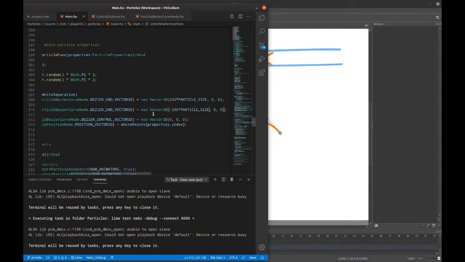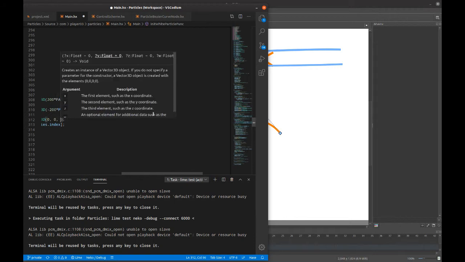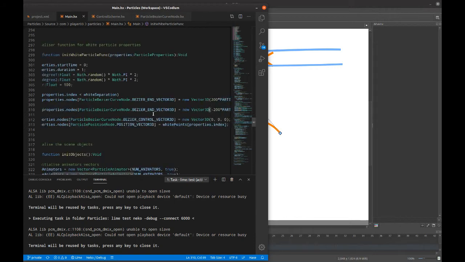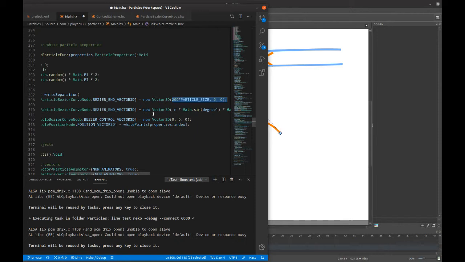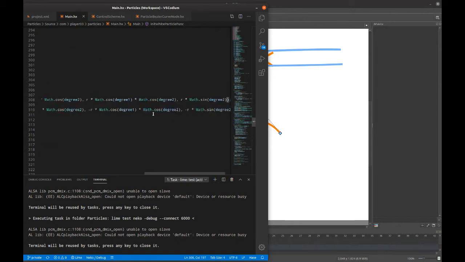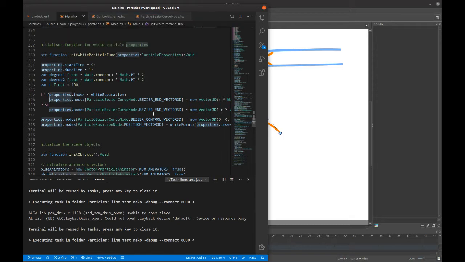And we're going to randomize the direction. And it's also going to play backwards. I haven't figured out how to start in the middle.